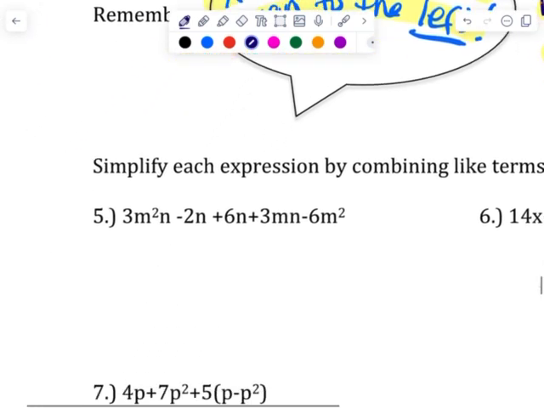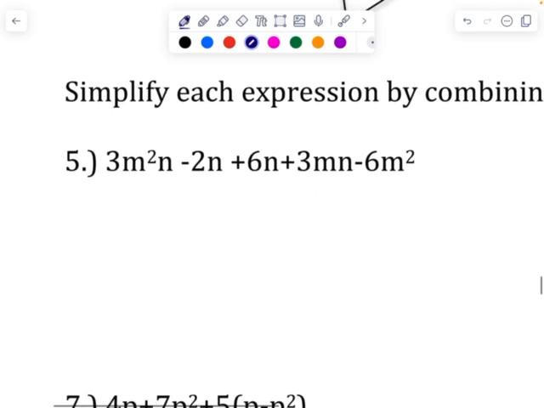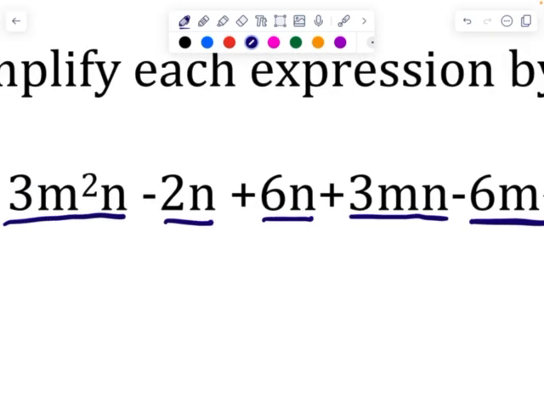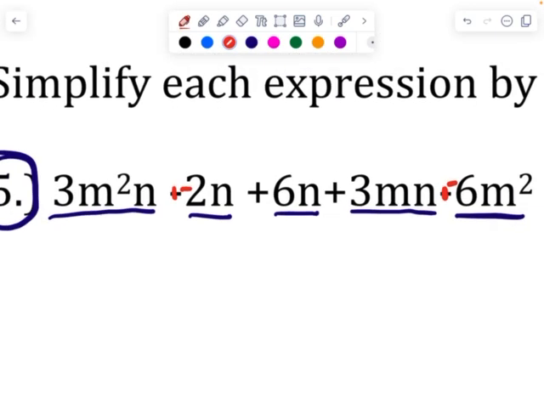All right, let's take a look at number 5. Okay, number 5. We have quite a few m and n's. We have 3m squared times n minus 2n plus 6n plus 3mn minus 6m squared. First and foremost, I'm going to do some 2 pencil mark tricks because I want to have everything as addition problems, even if we're adding the opposite.